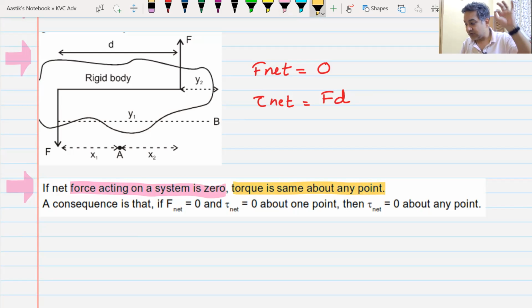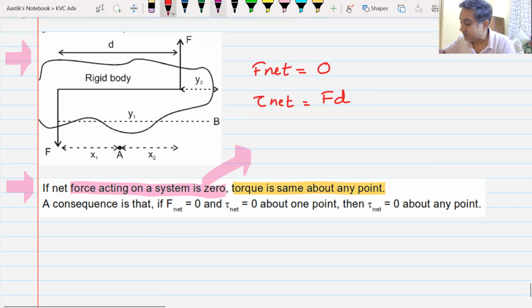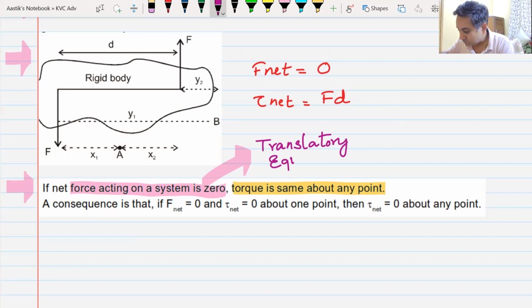Net force zero means the system is in translatory equilibrium, either moving with a uniform velocity or at rest. Then the torque about any point would be the same.